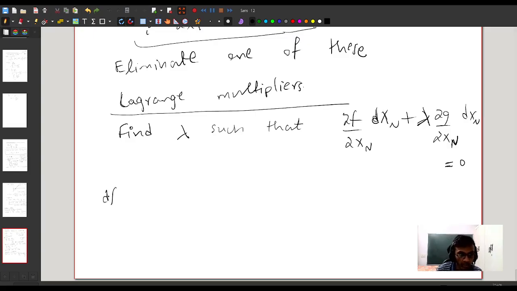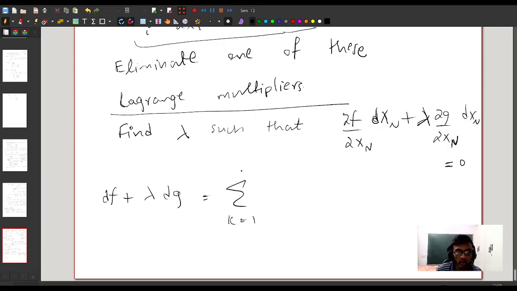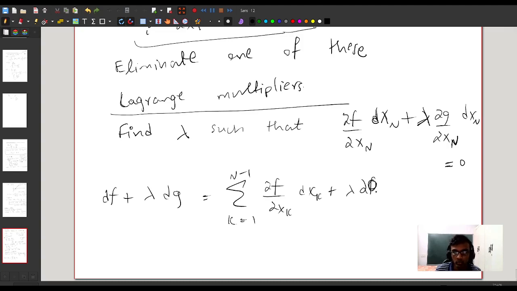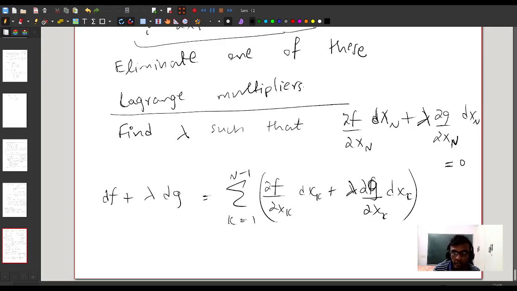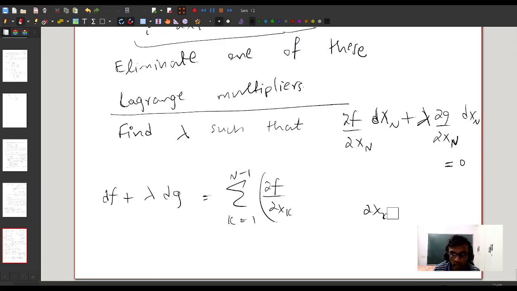So then df plus lambda dg would be the sum over k equal to 1 to n minus 1, because the k equal to n term vanishes since we have chosen lambda such that it happens: (∂f/∂xk plus lambda ∂g/∂xk) dxk.